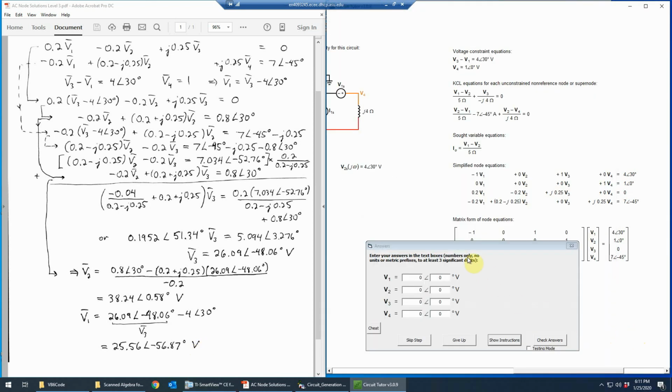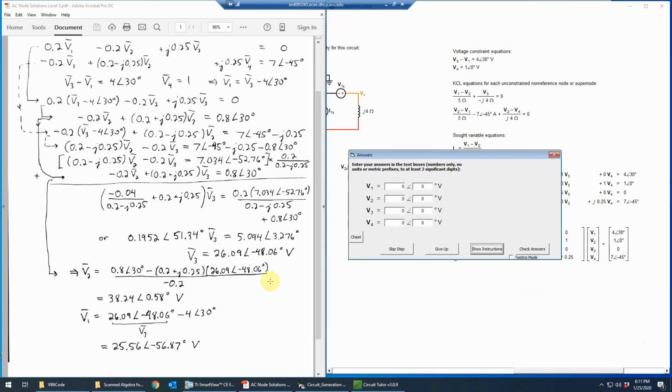So now we just need to go back to Circuit Tutor, and we'll enter those numbers in here. So we have, well, V4 bar is just 1, or 1 angle 0. V1 bar now is 25.56 angle negative 56.87.